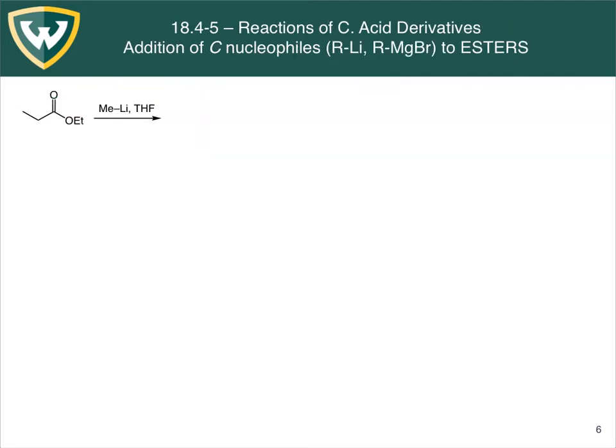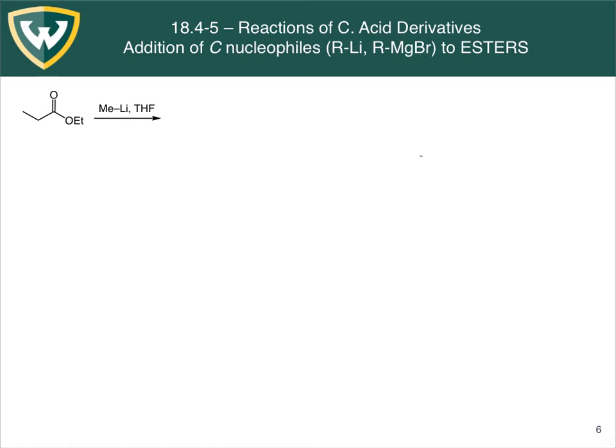Okay, next kind of nucleophile we're going to look at is adding a strong nucleophile like an alkyl lithium or a Grignard reagent to an ester, and this proceeds exactly like with an aldehyde or ketone, with the exception that now there's a leaving group on your carbon, and so you have to contend with kicking out that leaving group, and when you do so, you form something that can react again.